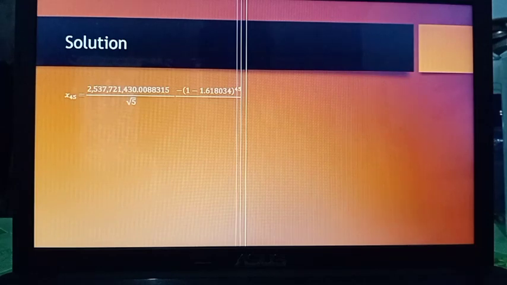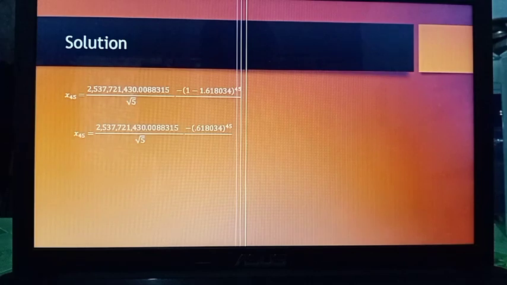X sub 45 equals 2,537,721,430.0088315, which we find using our calculator, minus 1 minus 1.618034 raised to 45, divided by the square root of 5.